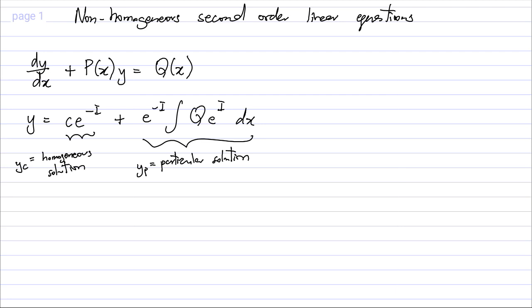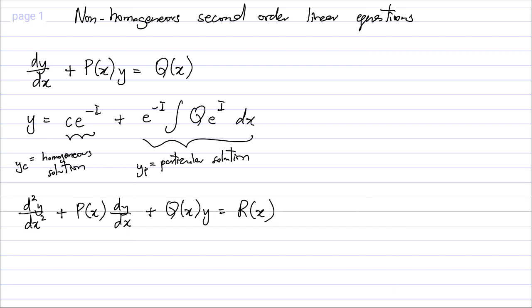So what happens when you have a second order linear equation? Essentially you're looking for something like this. You have, for example, p of x dy by dx plus, say, q of x y is equal to r of x, where r of x is of course now non-zero because you're dealing with a non-homogeneous equation.